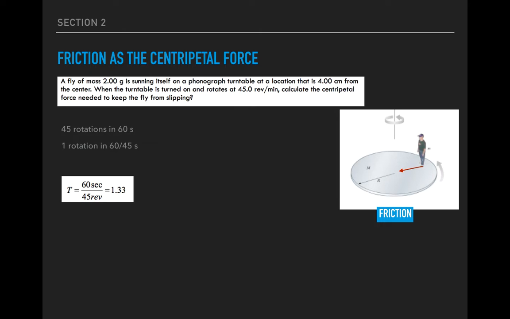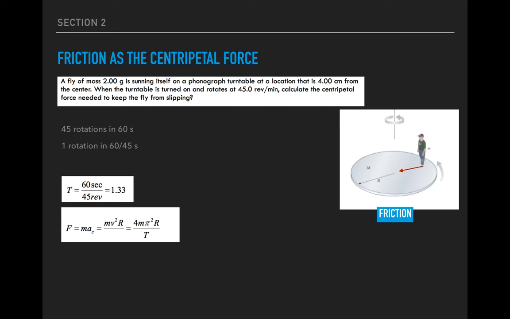Now we're looking for the centripetal force. We're given the mass, so let's have a look. If we use F is equal to mv squared over r, we can take out the v squared if we use v is equal to rw, and also w is equal to theta over t.